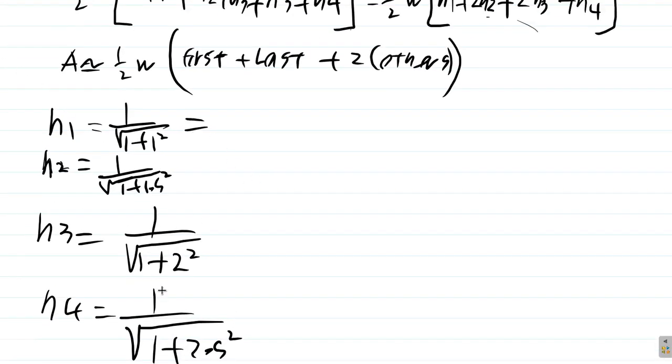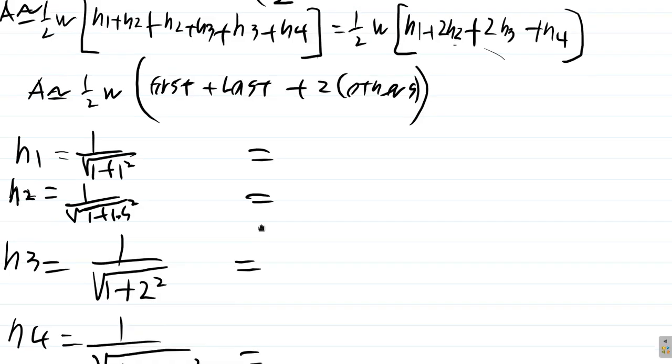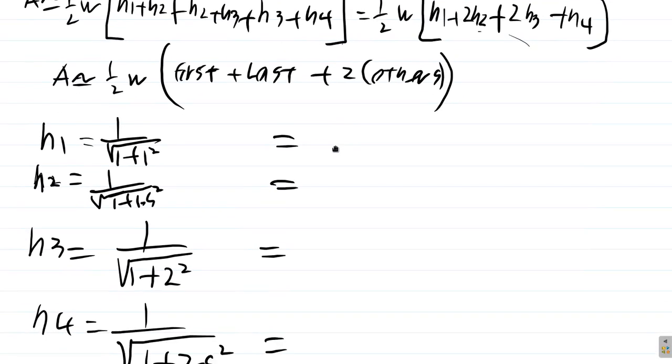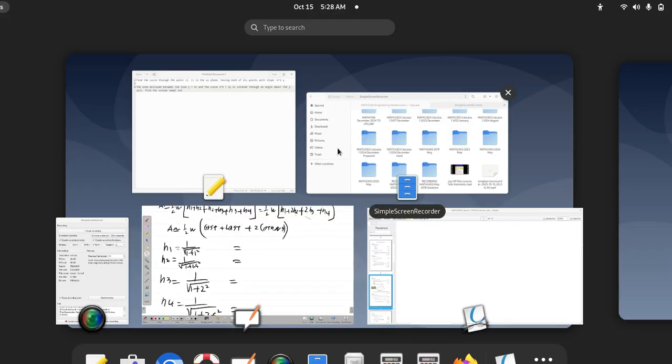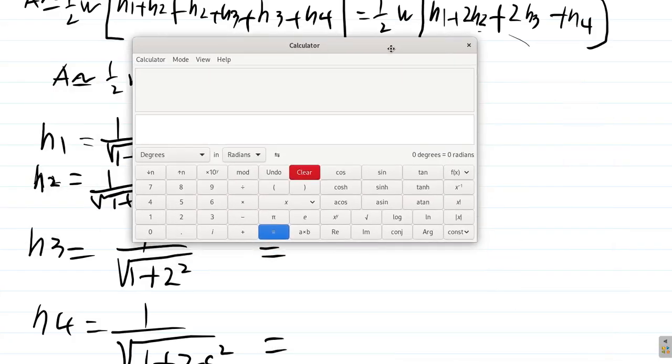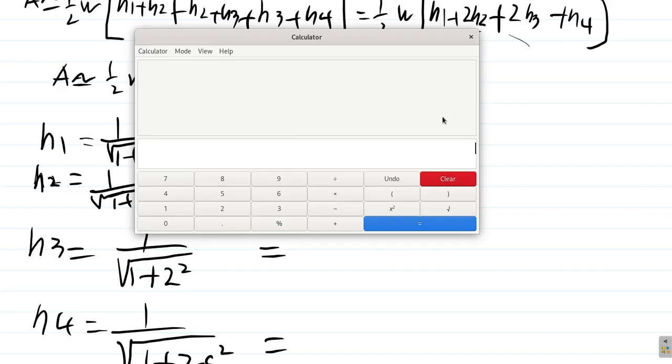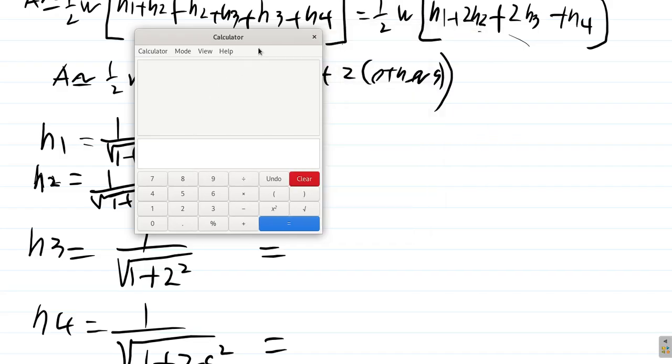So let's quickly work them out and see what we get. This 1 squared is 1. 1 plus 1 is 2. 1 over the square root of 2. And remember that we are to write it to 3 decimal places. So during our work, we need to use more than 3 decimal places. I wonder if I could put it in basic mode to make it take up less space.